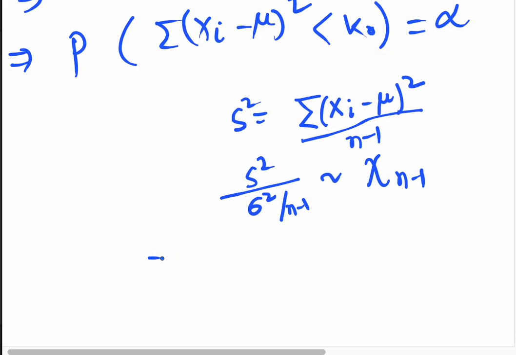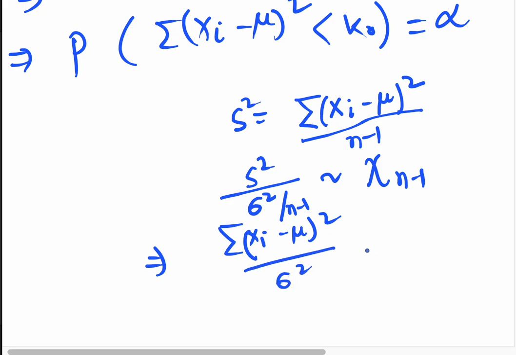So this is basically nothing but summation of (xi minus mu) its square by sigma square will follow a chi-square n minus 1 distribution.